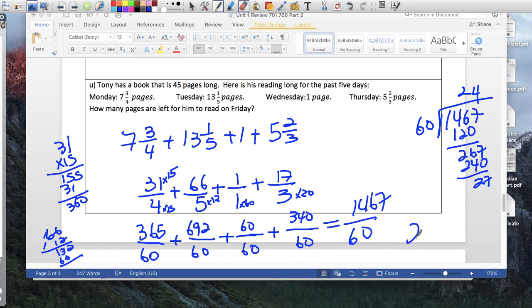So that's the same thing as 24 and 27 over 60. And that's how many pages she has read so far: 24 pages and 27 out of 60 of the next page.